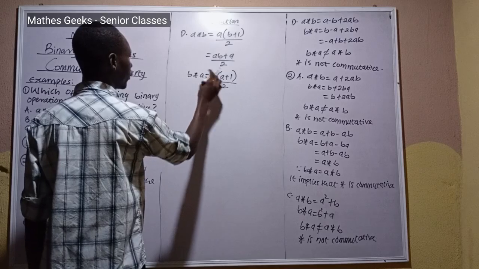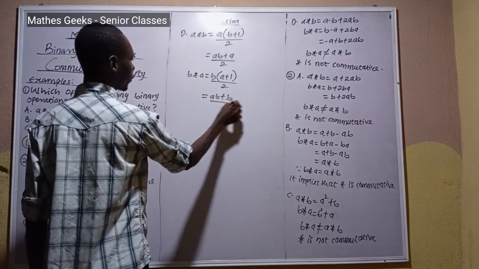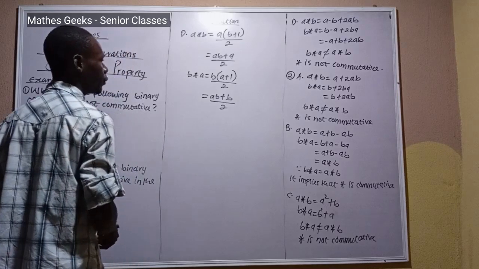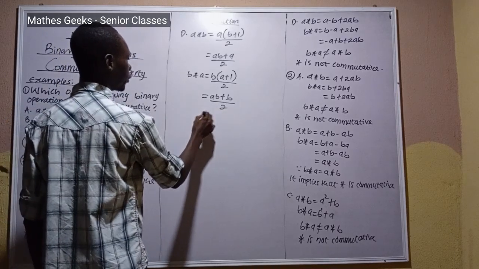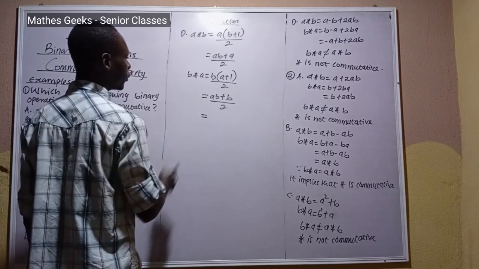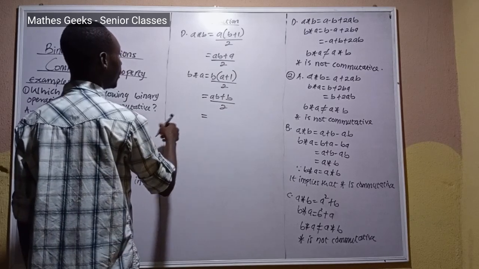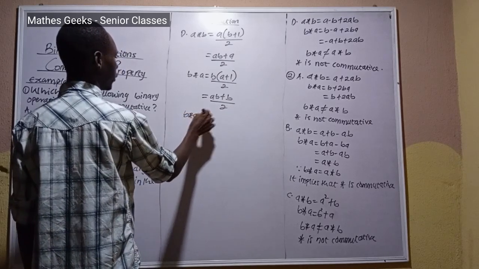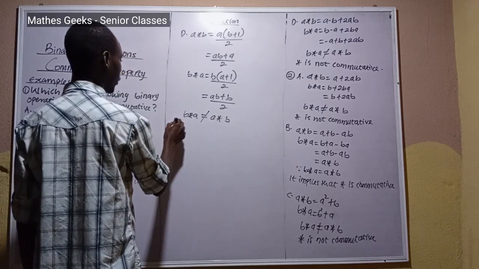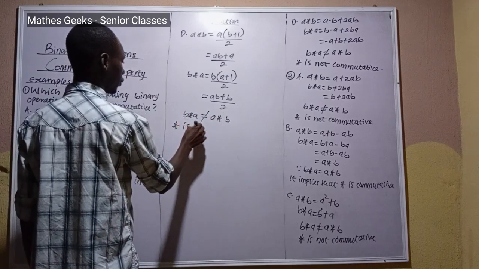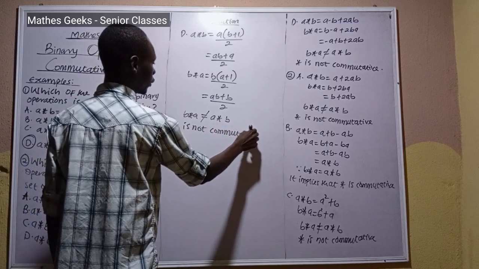When we expand that, it gives us ab plus b over 2. So ab plus b over 2 is not the same as ab plus a over 2. So b star a is not equal to a star b. So star is also not commutative.